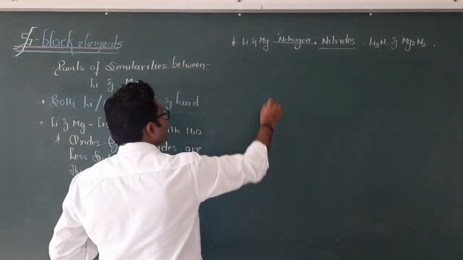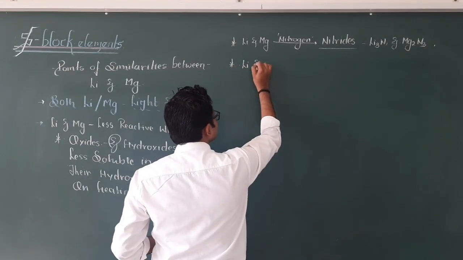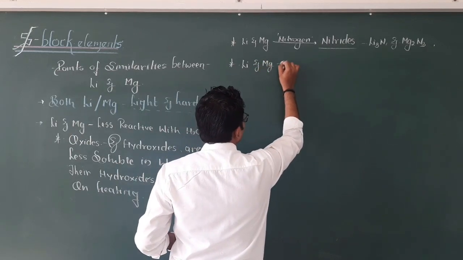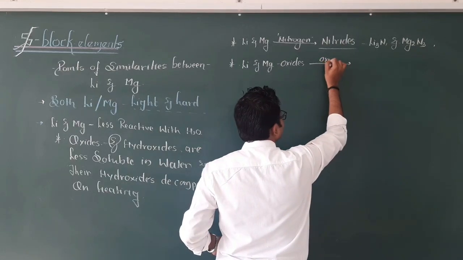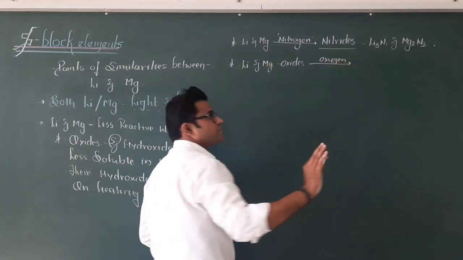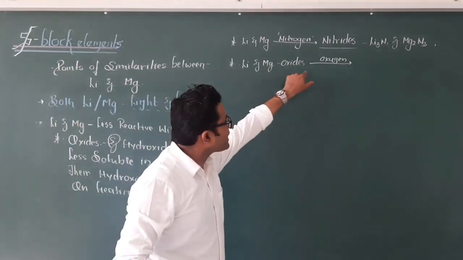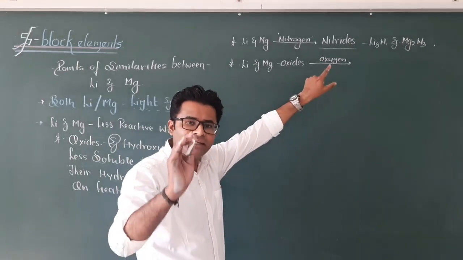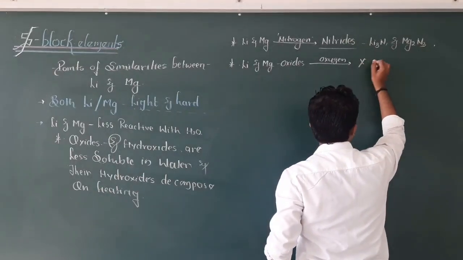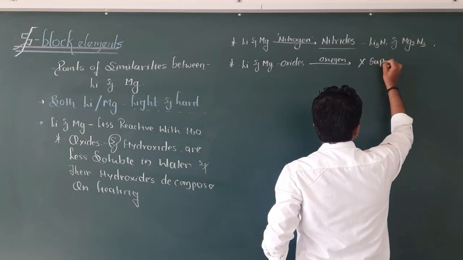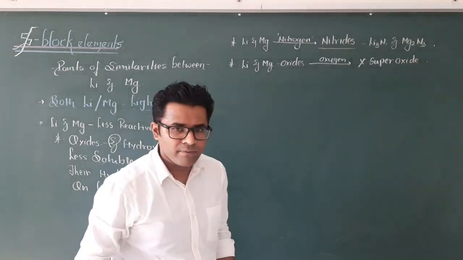Coming forward, if we take simple lithium and magnesium and react them with excess oxygen, it leads to the formation of lithium oxide and magnesium oxide. It will never give you superoxides.